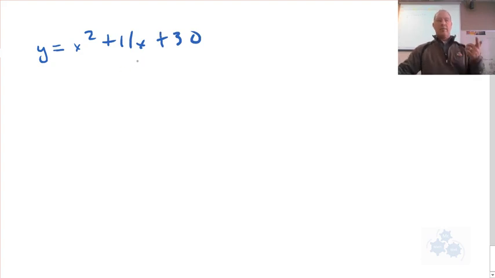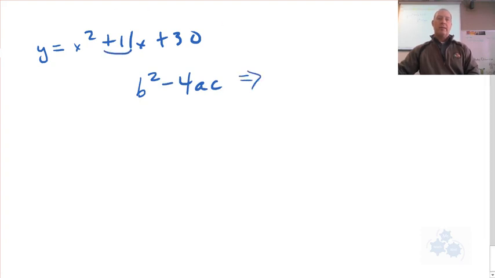So let's say we have y equals x squared plus 11x plus 30. Now we could solve this by factoring, by graphing and finding the intercepts, or by using the quadratic formula. The nature of the roots is what b squared minus 4ac tells you. So what is b squared minus 4ac here?